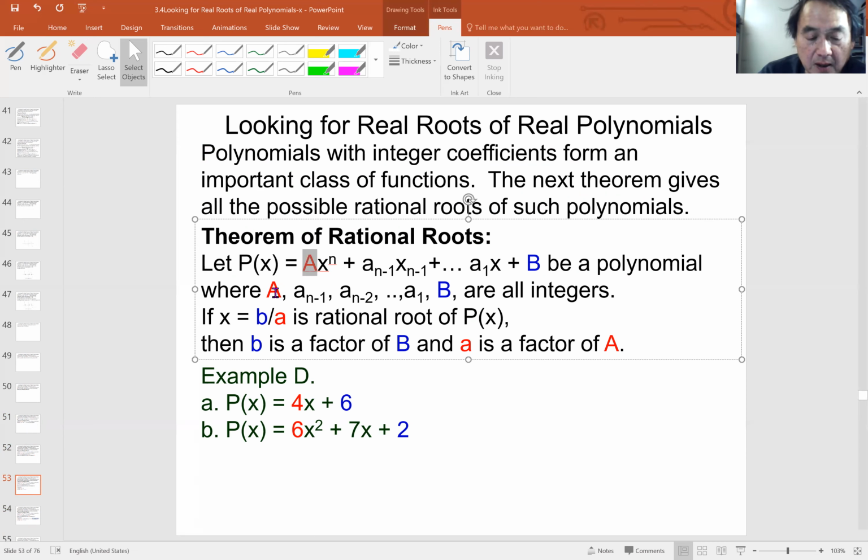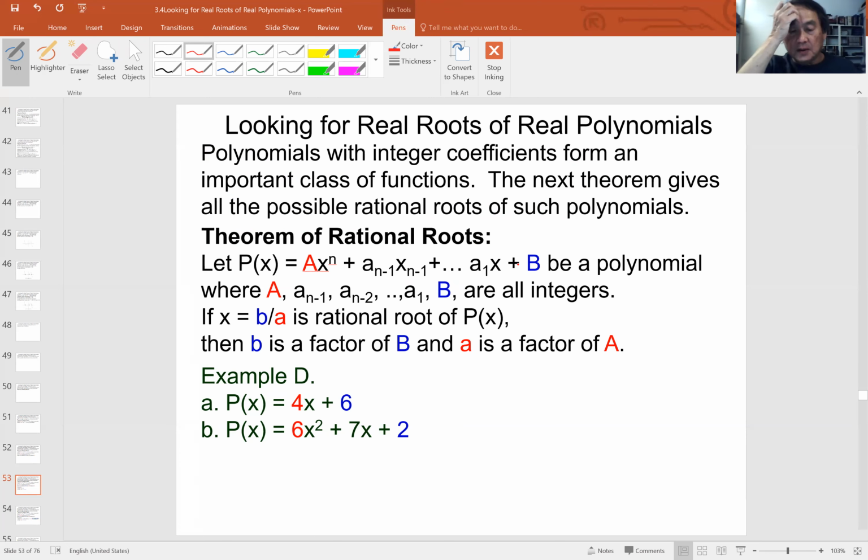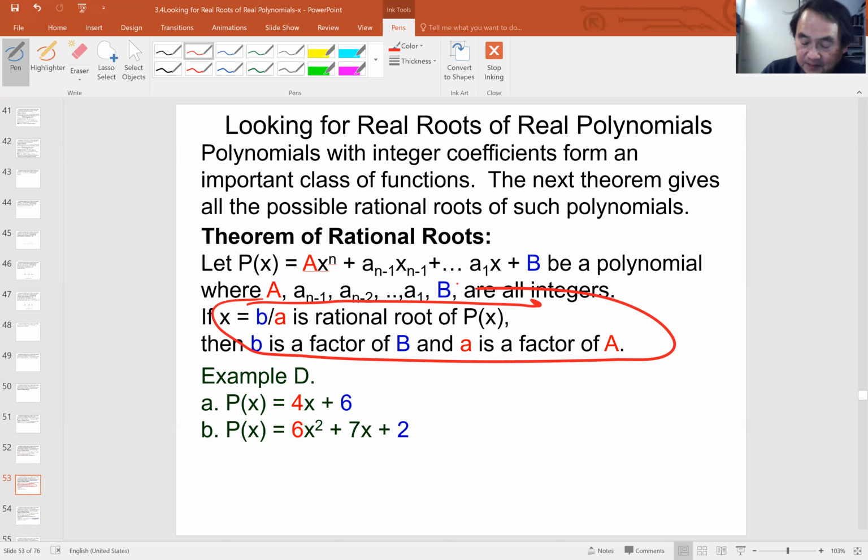We look at the leading coefficient A, and then we look at the constant term B, and we list all the factors of A and all the factors of B. Then the fractional roots must be these. Here are examples.